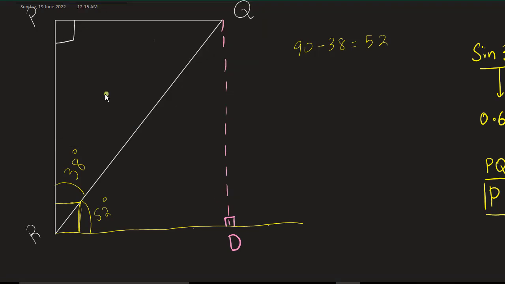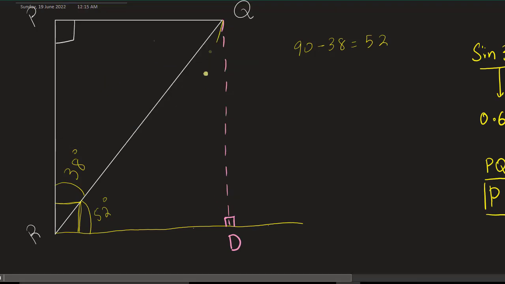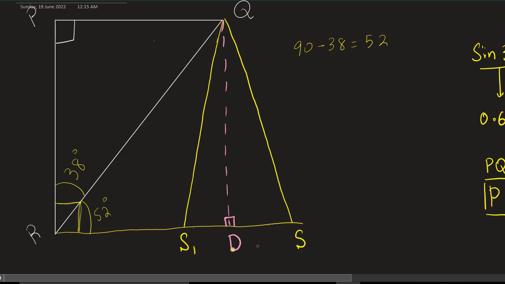And that is the reason they asked in the question for all two possible angles of the QSR. So name it S1, name it S2.